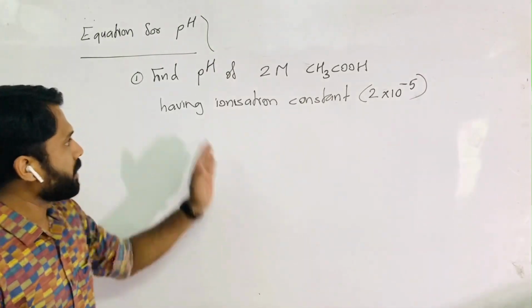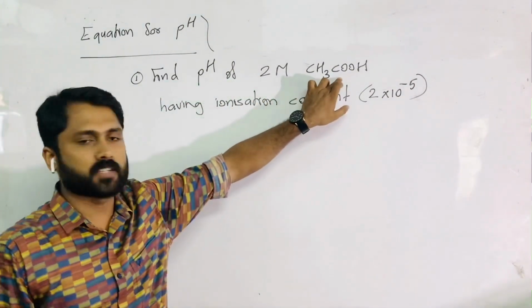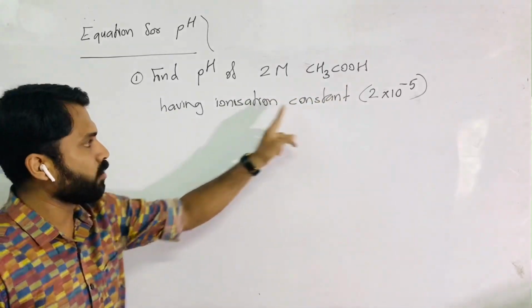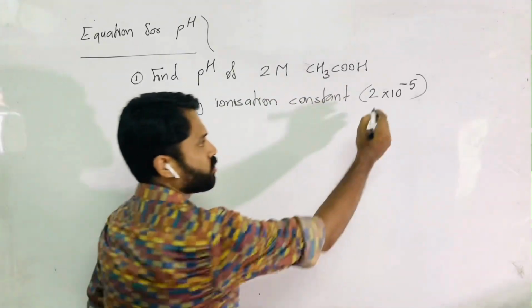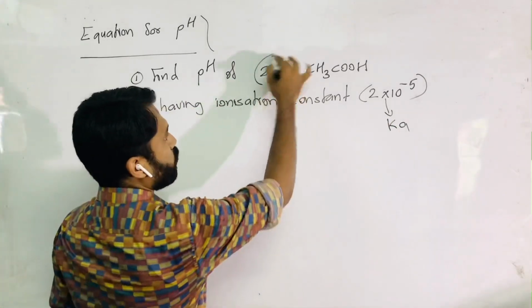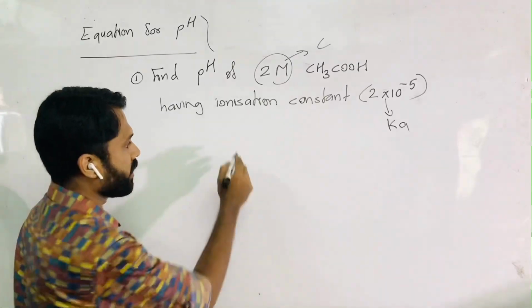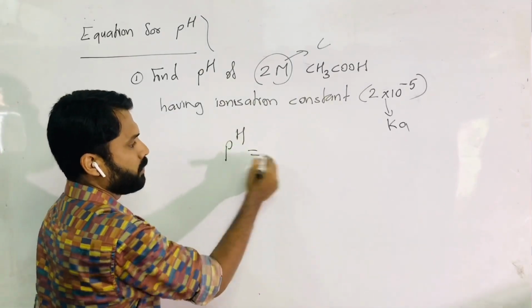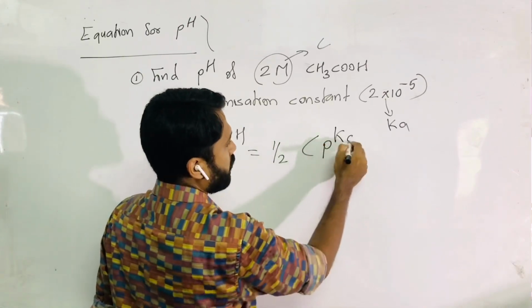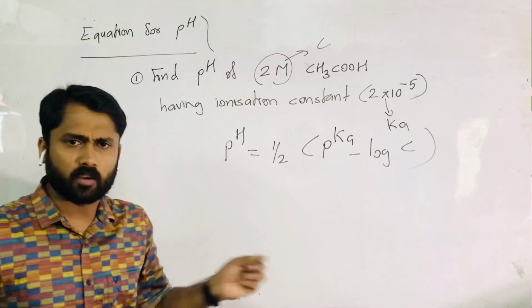Now I am explaining problems. Find the pH of 2 molar CH3COOH. CH3COOH is a weak acid having ionization constant, Ka. What is 2 molar? That is its concentration C. So we have a direct equation: pH equal to 1/2 into pKa minus log C. First we have to calculate pKa.